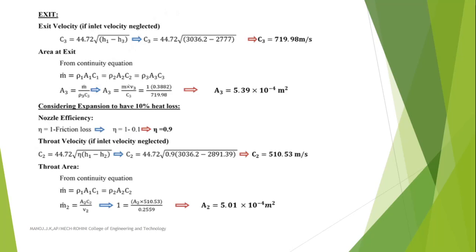Therefore, you need to eliminate this 10% from the 100%. 100% is 100 by 100, so you can consider it as 1 minus friction loss. How much is the friction loss? 10%, that is 10 by 100, 0.1. 1 minus 0.1 is 0.9, the 90%.